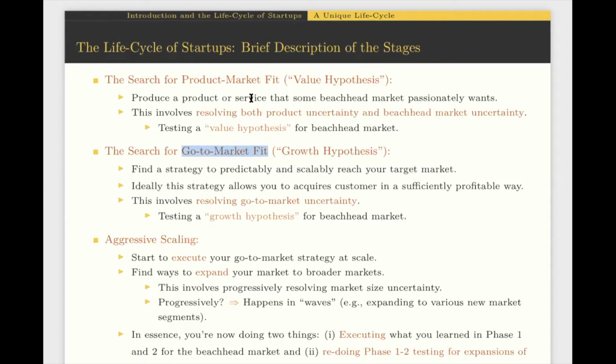The benefit of delaying raising $4 million to the point in time that you enter phase 2 of the startup life cycle is that once you enter phase 2, you've resolved 2 forms of uncertainty. And so you've eliminated a substantial amount of failure risk for the startup, because it turns out most startups never successfully achieve product market fit.